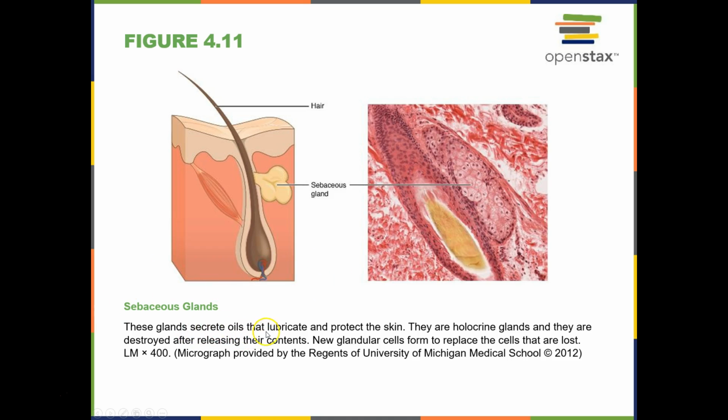Here's an example of a holocrine producing gland. This is a sebaceous gland, which secretes directly into the hair follicle. Oil glands are sebaceous glands, and they secrete their oils into the hair follicle, and the oil helps to protect the hair and the skin.